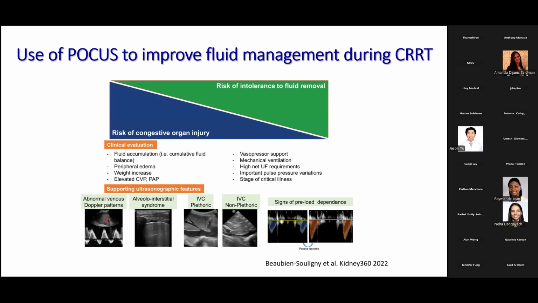I know intensivists are very skilled in using these tools, and as you use them for assessment of fluid responsiveness or fluid needs, you can also use them for assessment of tolerance to fluid removal, and also to identify in which patients we should do it a little bit more intensively.